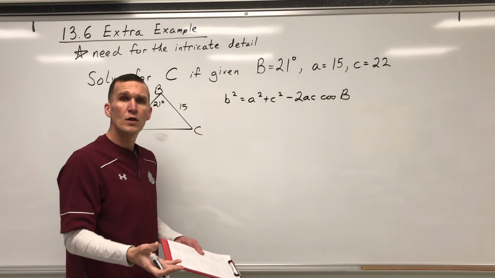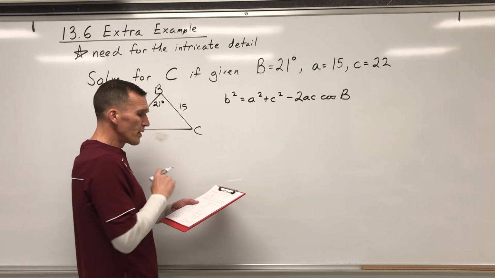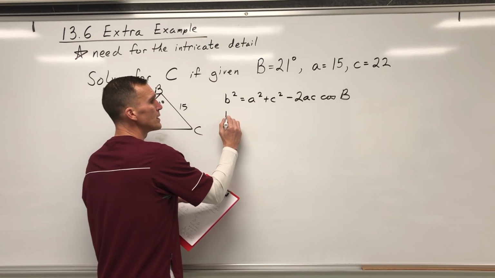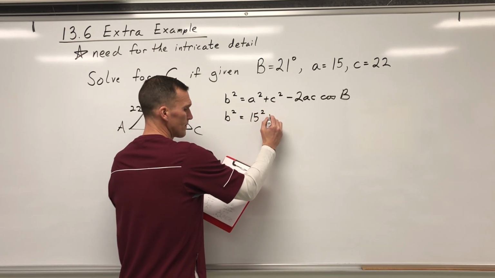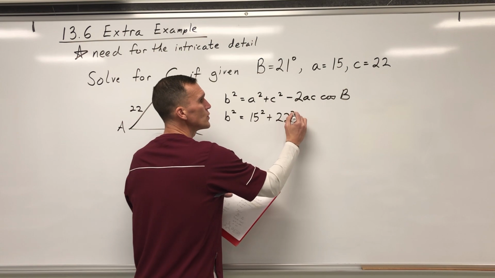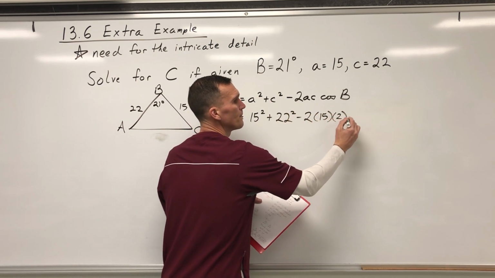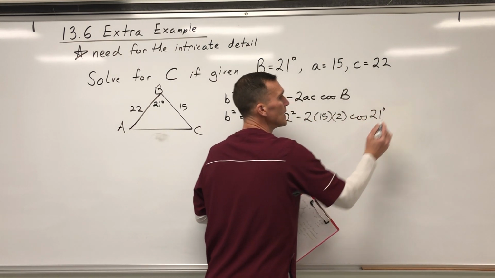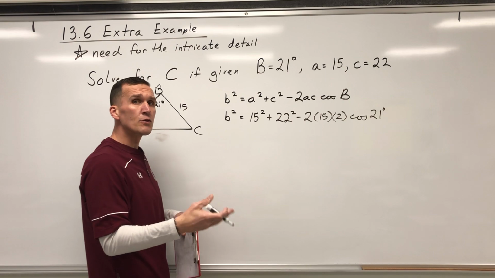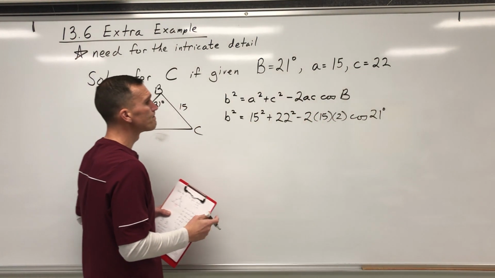Now, once you know one law of cosines formula, you pretty much know them all. All right, we're going to plug in our pieces. We don't know little b, but we do know little a is 15, little c is 22. I'll plug them also into this part of the formula, and angle B is 21 degrees. Make sure you have your calculator in degree mode because we're going to be taking a trig function of a degree angle.